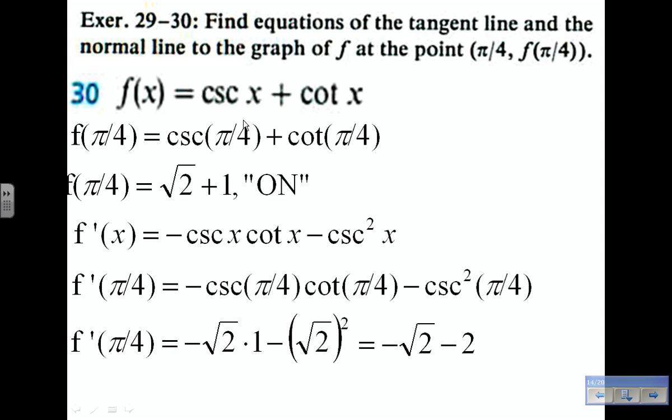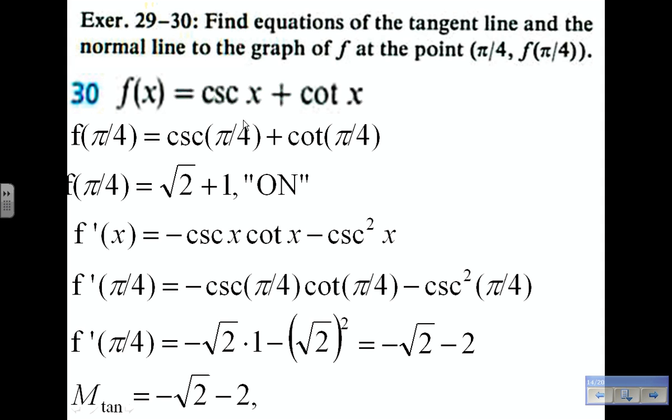I'll probably use the point slope formula. You remember what that is? Point slope formula. If not, you're going to need it.